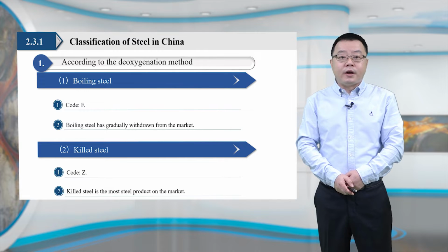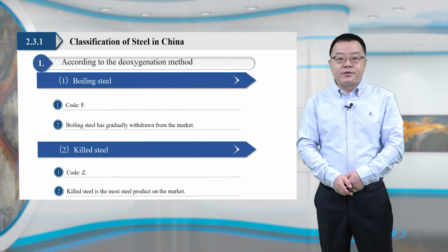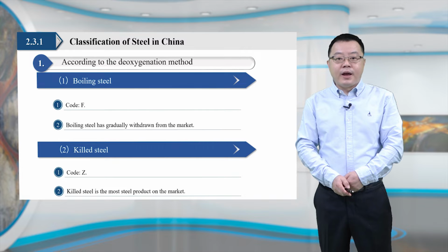According to the organization method, steel is divided into boiling steel, cooled steel, semi-cooled steel, and special cooled steel. The code for boiling steel is capital F, and for cooled steel is capital Z. Boiling steel has gradually withdrawn from the market, and cooled steel is the most common steel product on the market.